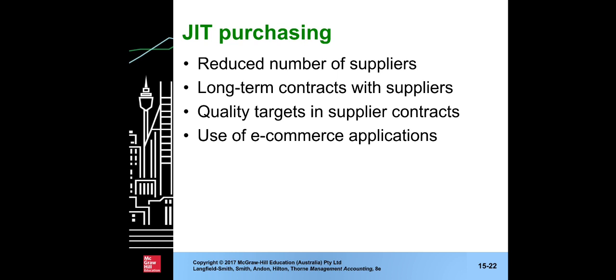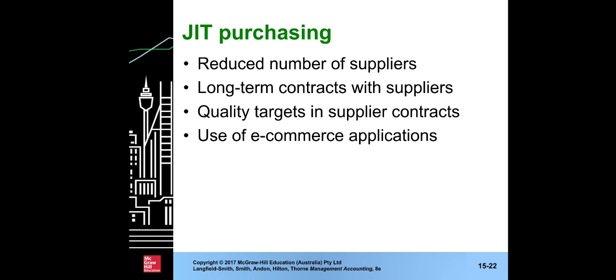So when the business wants to have inventory only when they need it, the business has to apply this JIT purchasing. They have to reduce the number of suppliers. They have to choose maybe one or two suppliers, and then they have to have a long-term contract with the suppliers, and then they ask the supplier to maintain the quality of the material that they request.